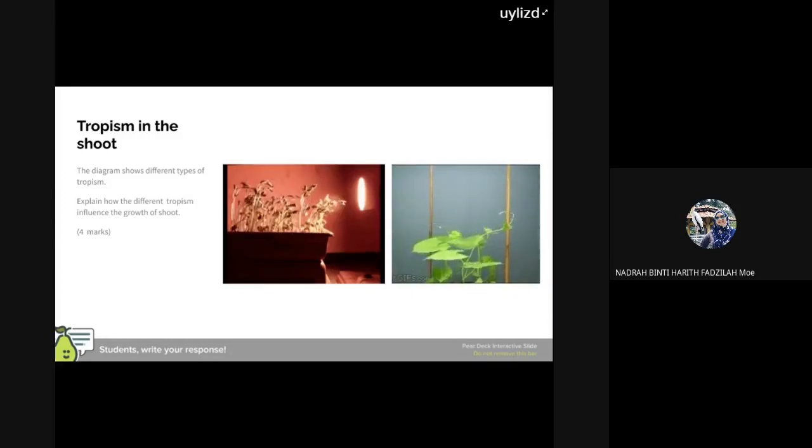So gambar yang kiri tunjuk what type of tropism, gambar yang kanan tunjuk what type of tropism, and then what is the response after that. Okay, start dengan explain gambar kiri dulu ya, and then baru explain gambar kanan.